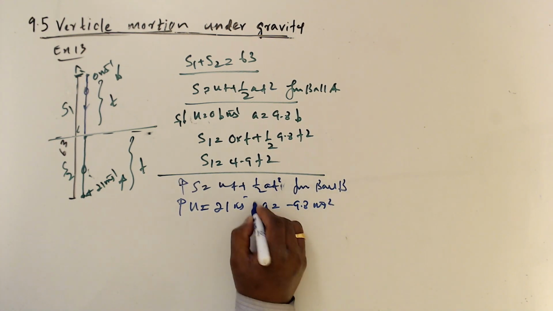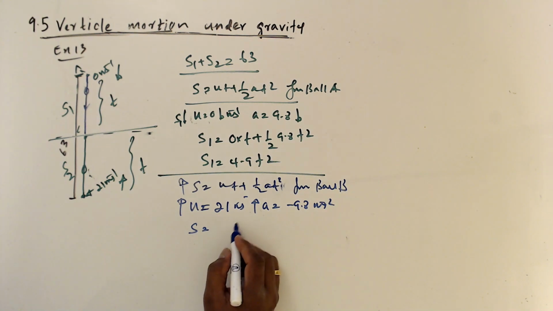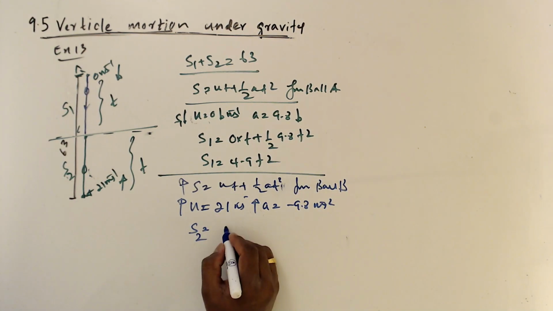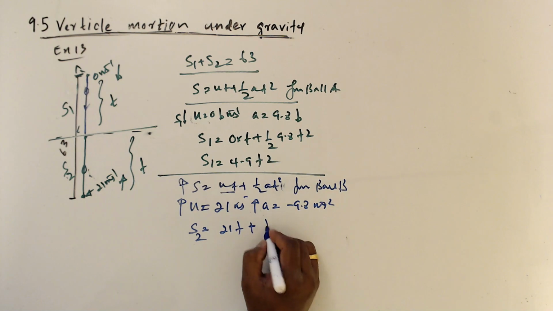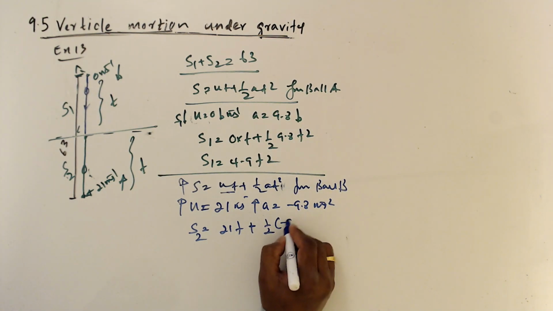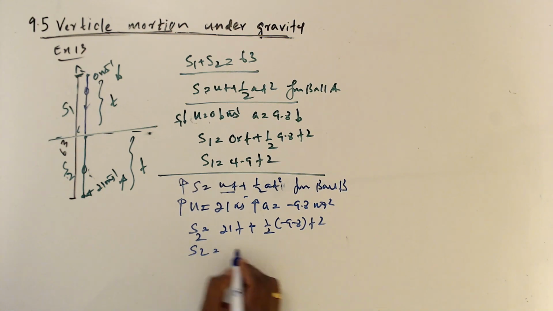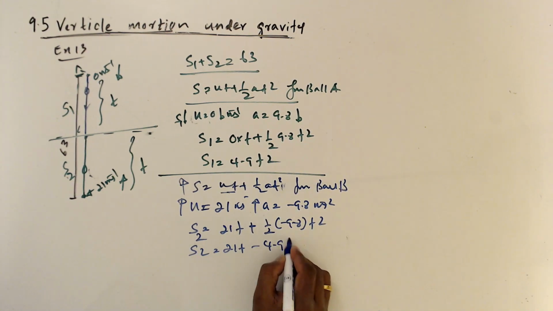Now this distance is S2, equals 21t plus half times minus 9.8 times t square. So S2 equals 21t minus 4.9t square.